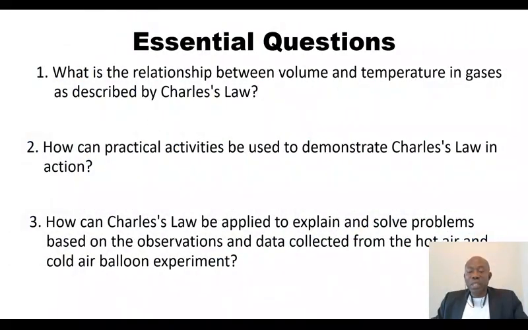Now, what are some essential questions? Essential questions are questions that will guide the teacher and the student in understanding the lesson very well. They give you insight, thought-provoking questions about the objective you set for yourself. So the first one: what relationship between volume and temperature in a gas is described by Charles' law?